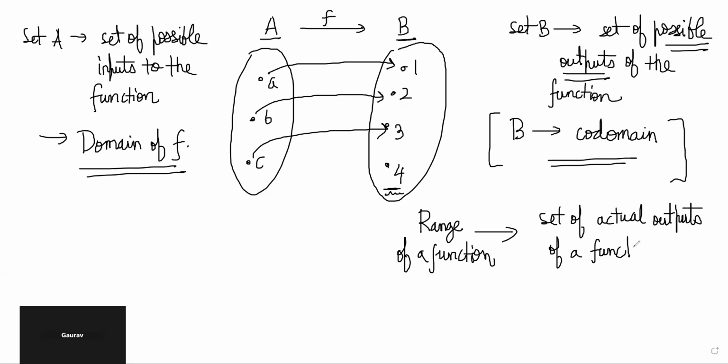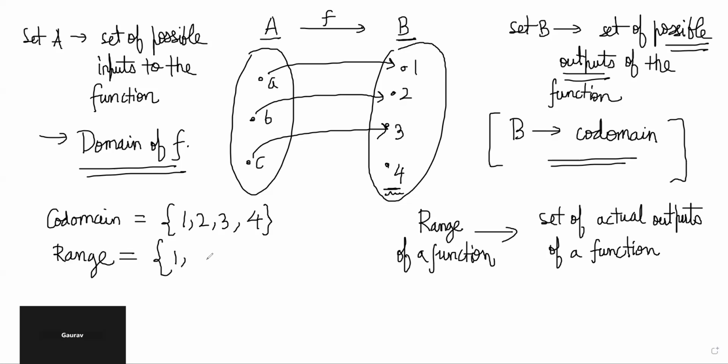In this case, we can say that codomain is the set 1, 2, 3, 4, whereas range is the set of actual outputs, which is 1, 2, 3 only. So it is possible that the range of a function is slightly lesser than the codomain.